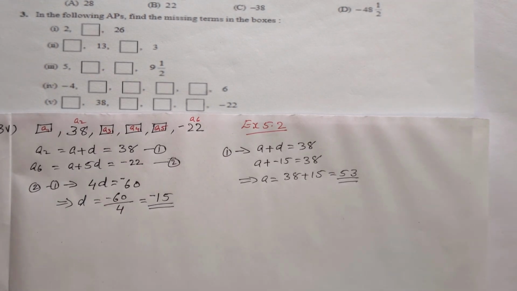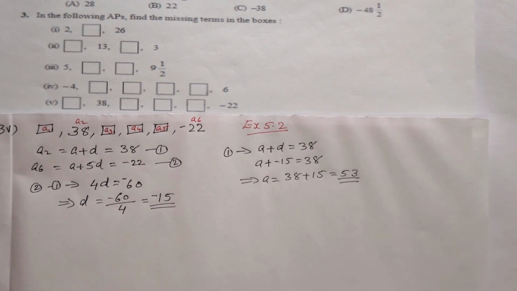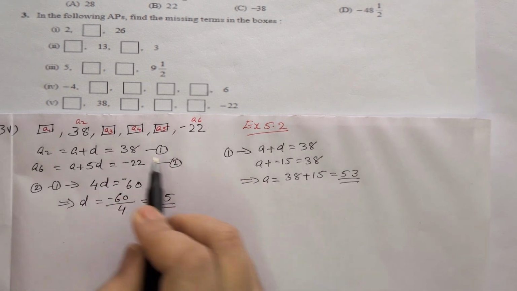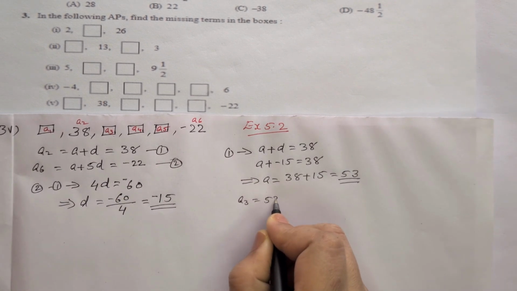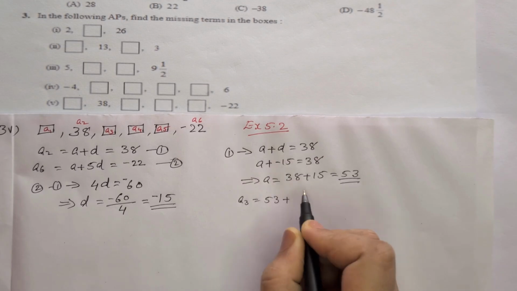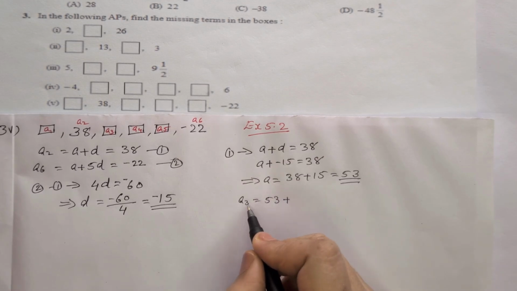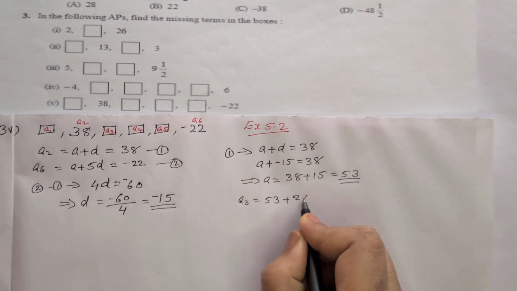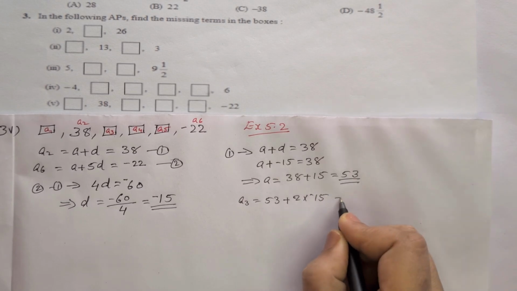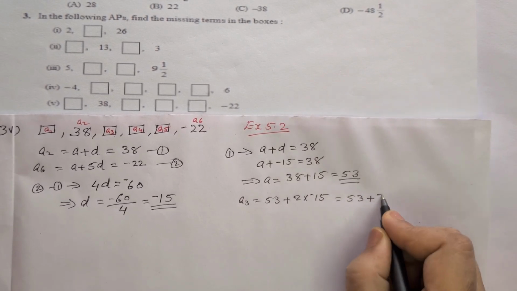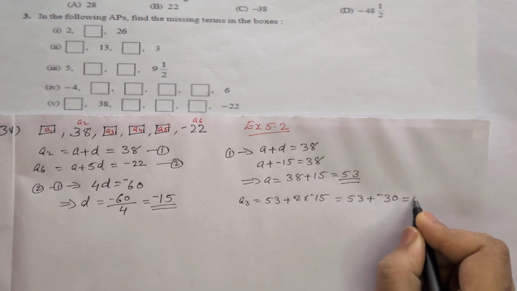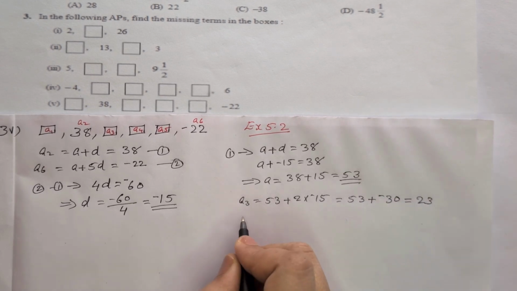Then we can find the remaining terms. Now A3. A3 is equal to A plus n minus 1 into D, that is 53 plus 2 into minus 15, which is equal to 53 plus minus 30, that is 23.